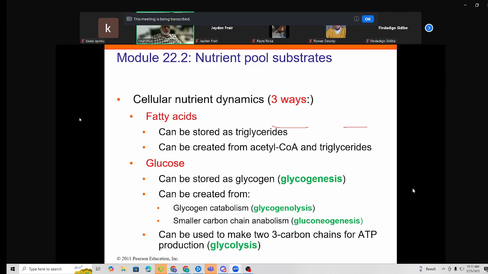Gluco means glucose. Neo means something new, not traditional thing. And genesis means production or synthesis. So gluconeogenesis is the making of glucose from the non-carbohydrate source.